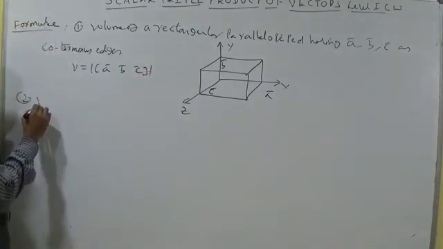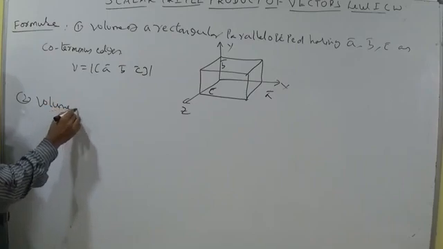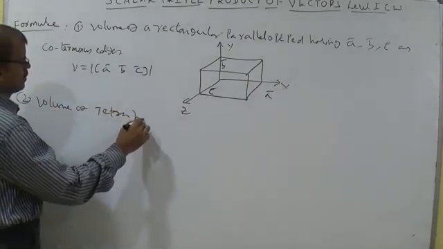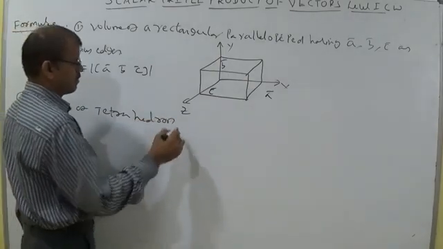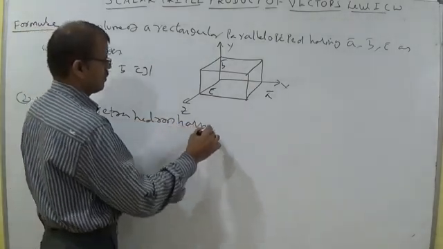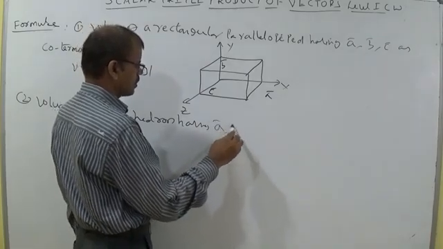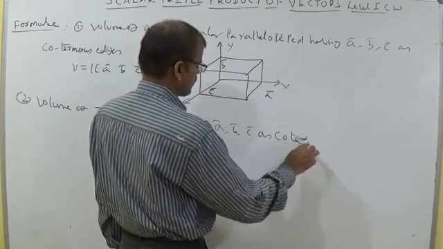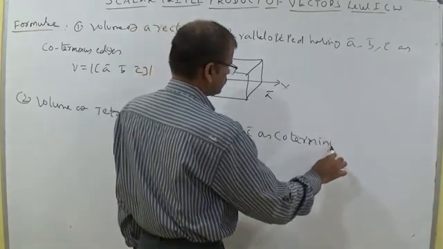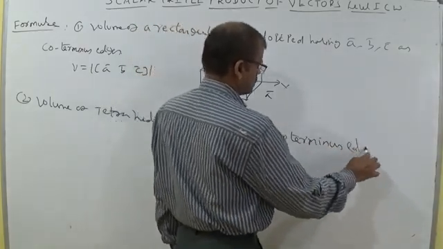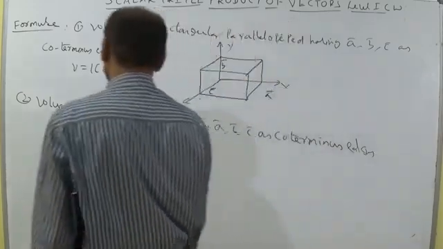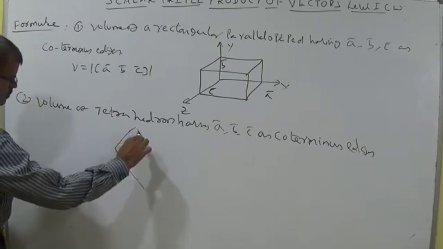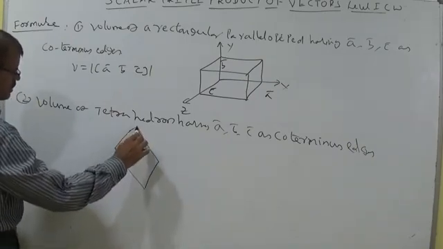Next, the second one: volume of a tetrahedron. The volume of a tetrahedron having A bar, B bar, C bar as coterminous edges. Tetrahedron OABC, I am writing.